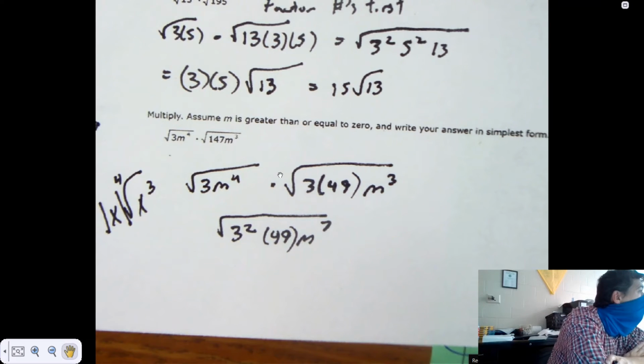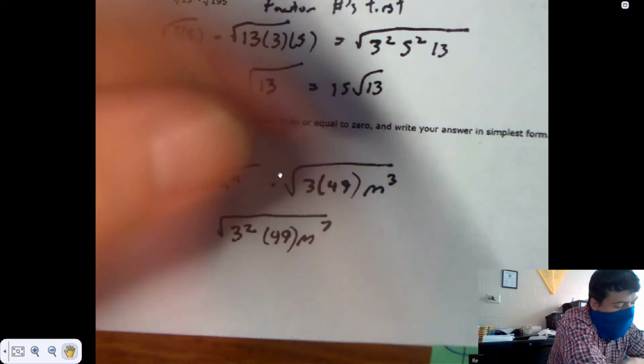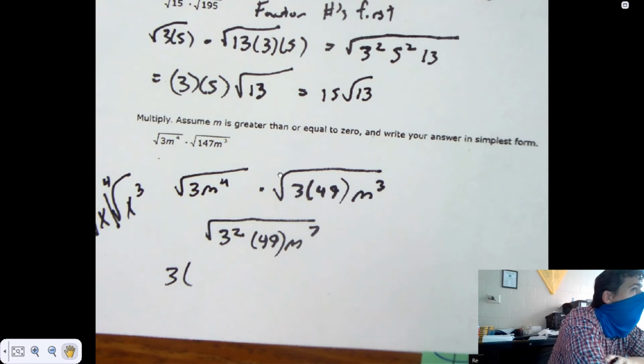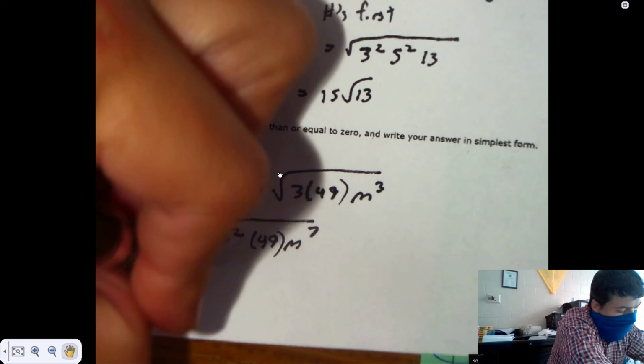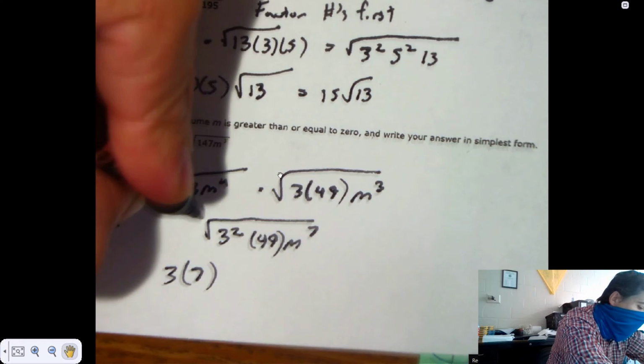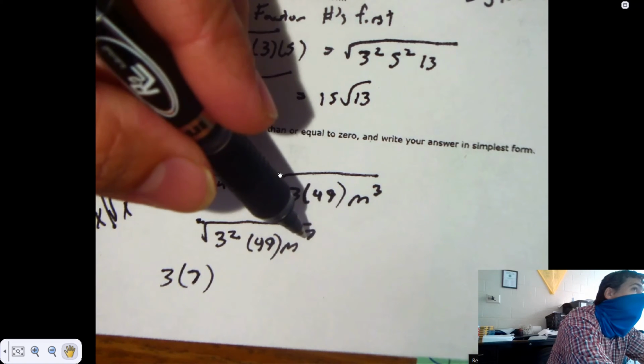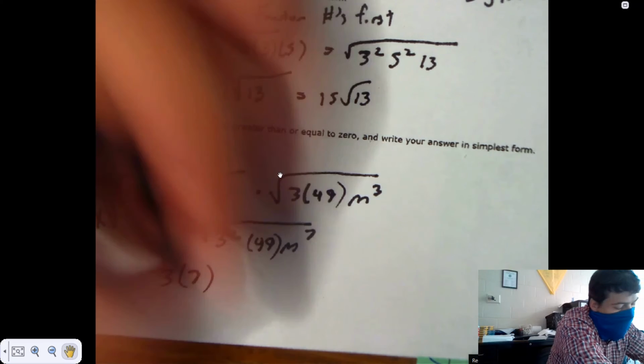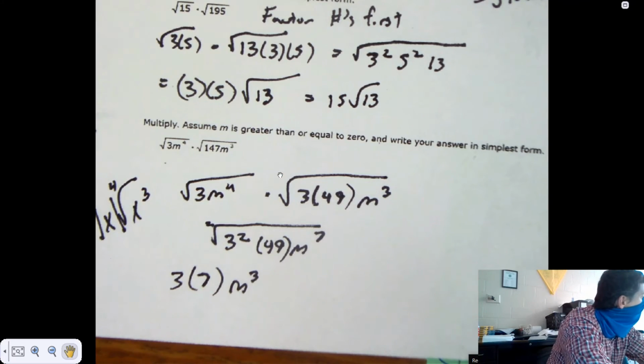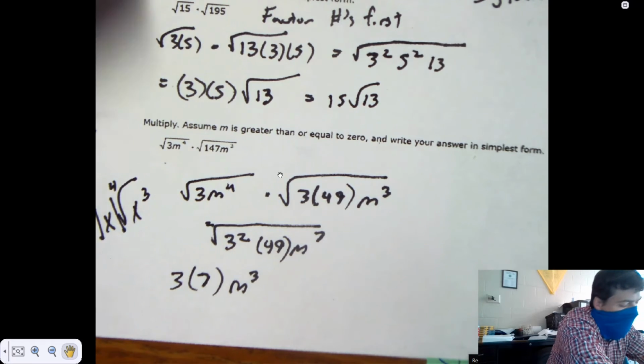Now let's start evaluating. Square root of 3 squared: 3. Square root of 49: 7. How many times is that understood 2 enter 7? 3 times, m cubed. There was a remainder though, wasn't there? Where's the remainder go? Under the radical.